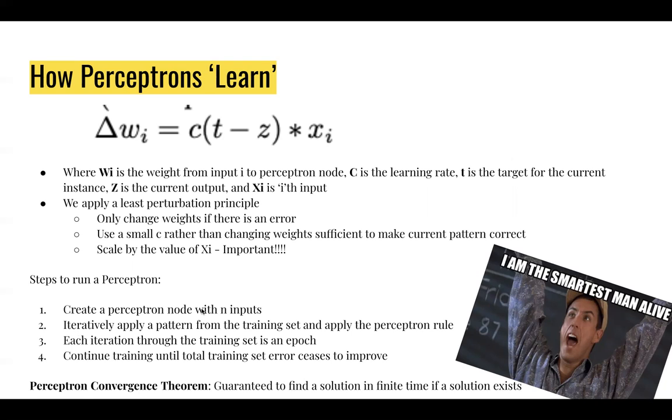One other thing I'll note with this: the way a perceptron will run is you continue to run through this and you update each time. Then once you run through your entire data frame, you assess if you can do any better or not.